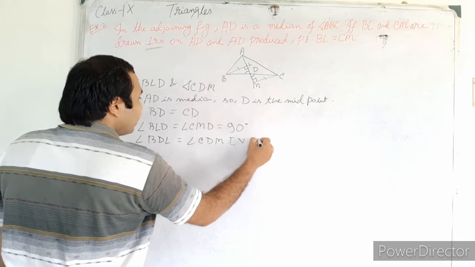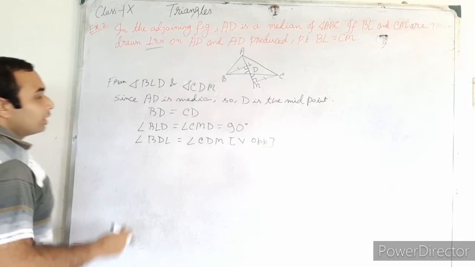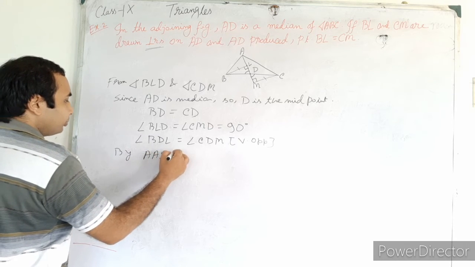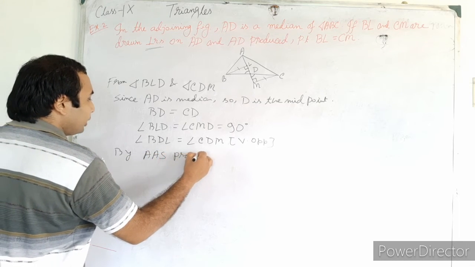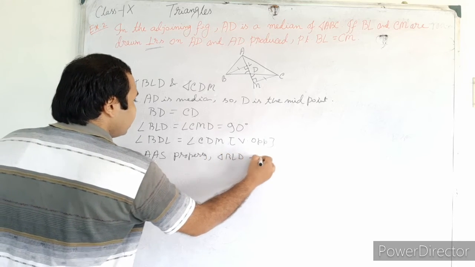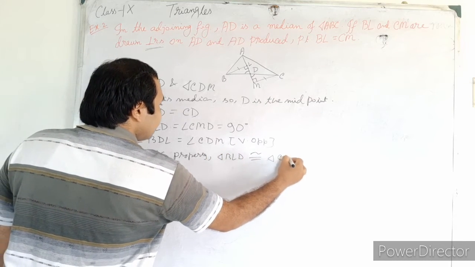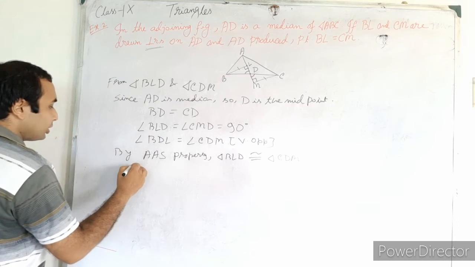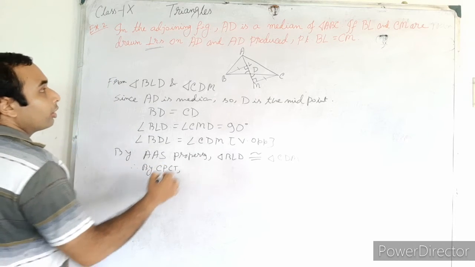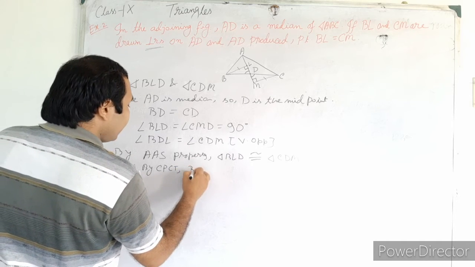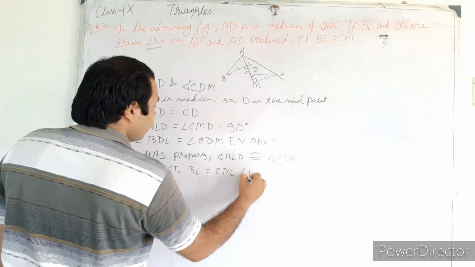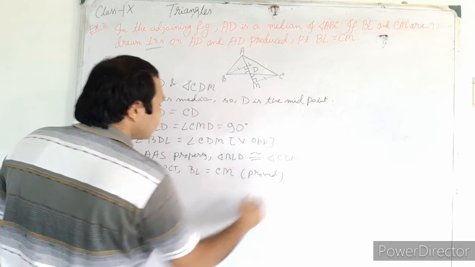Those are vertically opposite angles. So by the AAS property, we can say those two triangles are congruent. Triangle BLD is congruent to triangle CDM. So by CPCT, we can say BL is equal to CM. So we have proved our result.